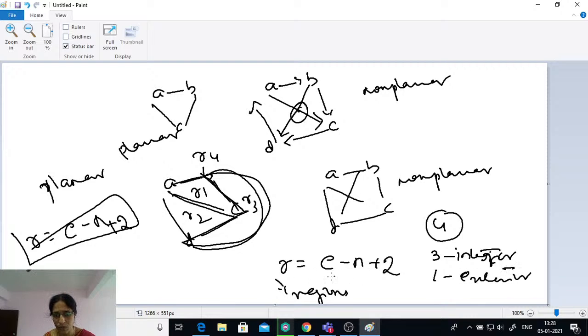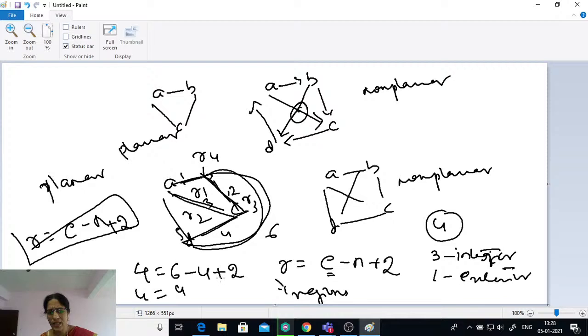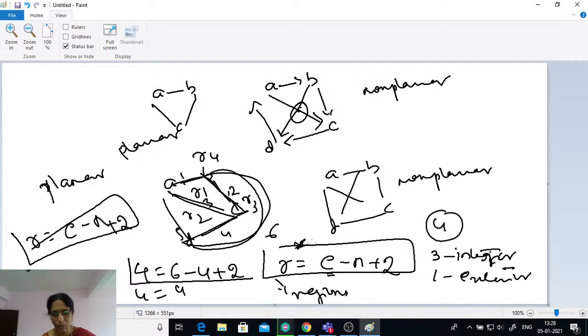Total 4 regions. Coming to the number of edges, here 1, 2, 3, 4, 5, 6. Total 6. Number of vertices is 4, plus 2. So this equals 4 plus 4. That means in any planar graph this Euler formula is satisfied. So this is one of the important concepts.